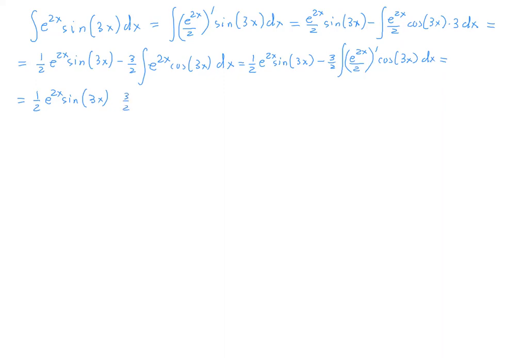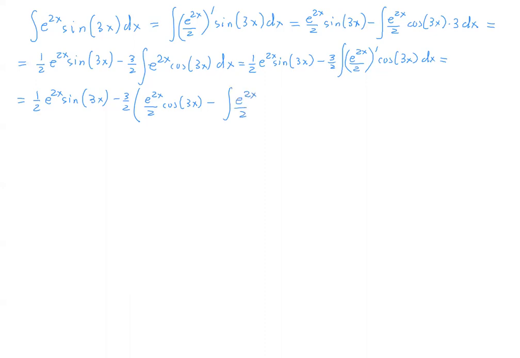And now we perform the integration in here. So we have e to the 2x over 2 times cosine of 3x minus the integral. And now we put the derivative on the other component.